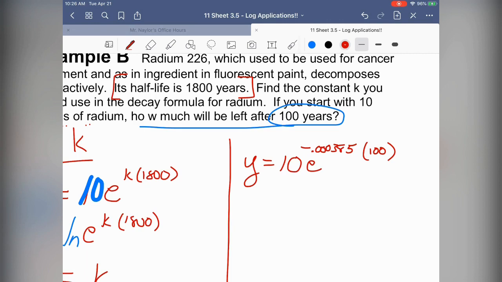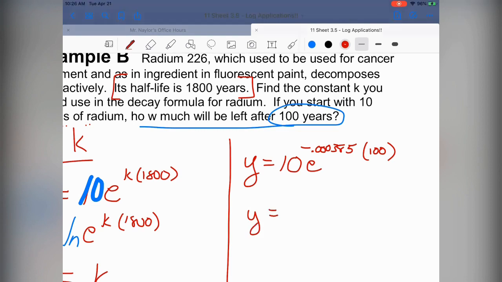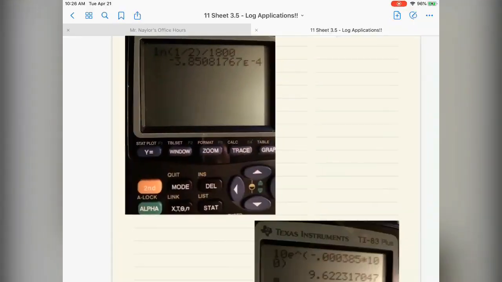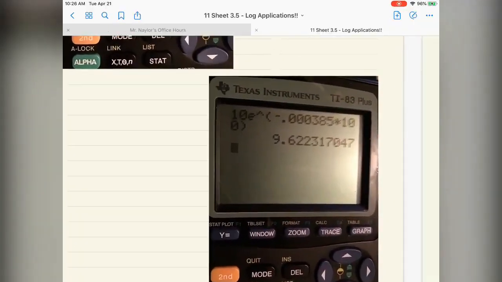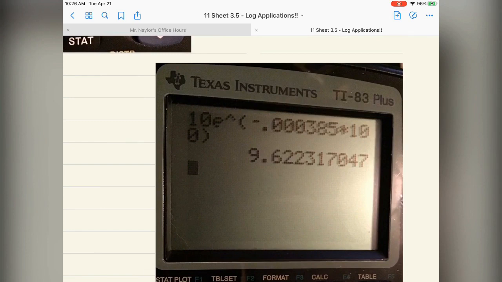Do you see here that it's clearly a two-step problem? And the first step was to find k so that we could use it to answer this question with 100 years. And just take a look at how I plug this one into the calculator. No reason I can't kind of plug and chug that. But I don't need to use ln's.